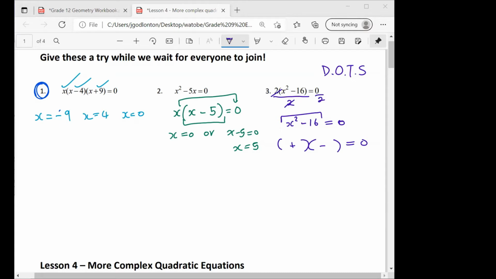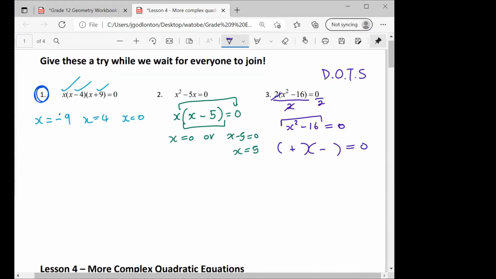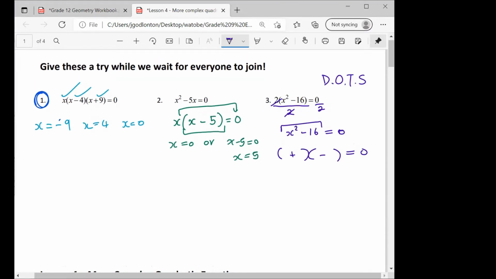Ma'am, may I try? I would love it if you tried. For number 3, we're going to use DOTS. Good. Yes, ma'am. So we need to find the highest common factor for 16, I think, which is 4.